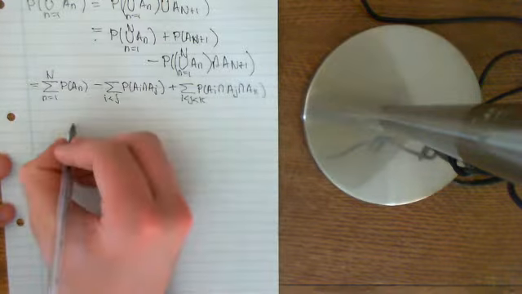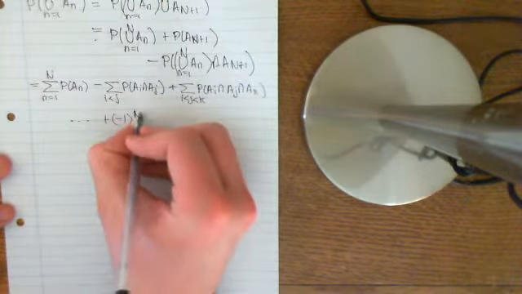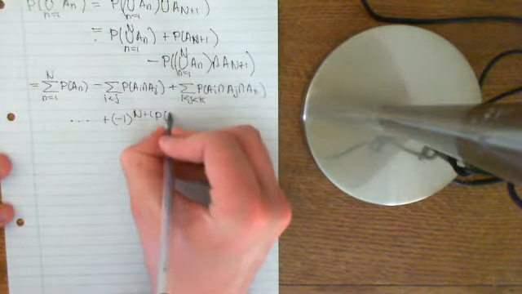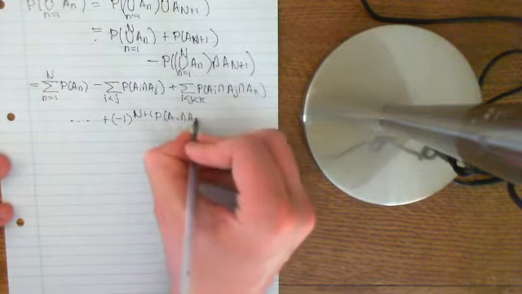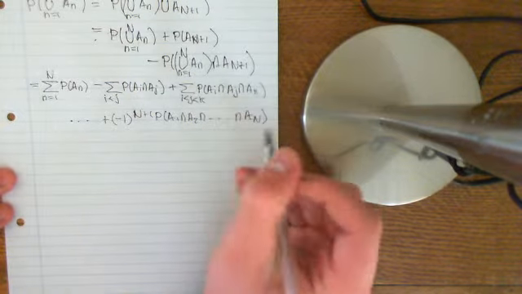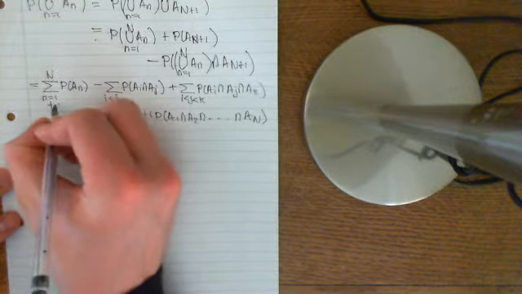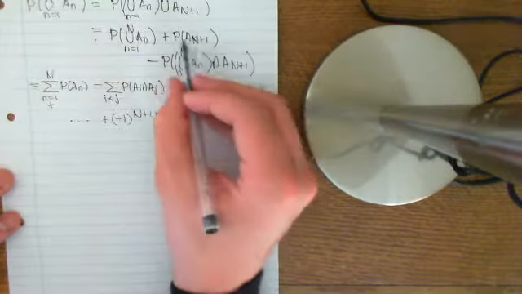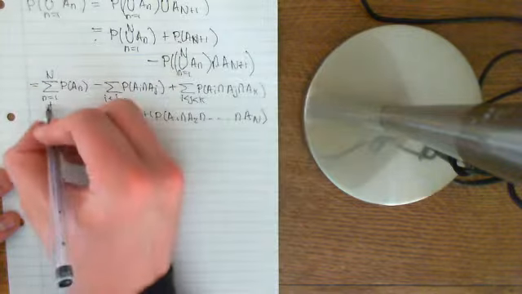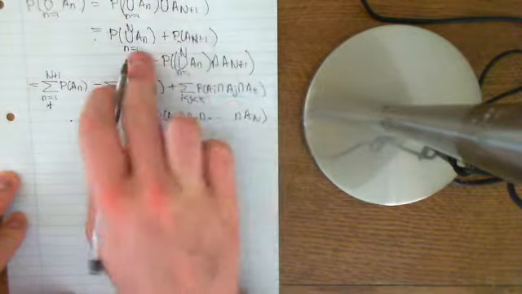And it goes on and on, all the way down to plus or minus 1 to the n plus 1, the probability of a1 intersect a2 intersect all the way up to intersect an. Okay, so that's good. Then we add on the probability of an plus 1, so I might as well just stick an n plus 1 up there. So that has taken care of that term and that term.